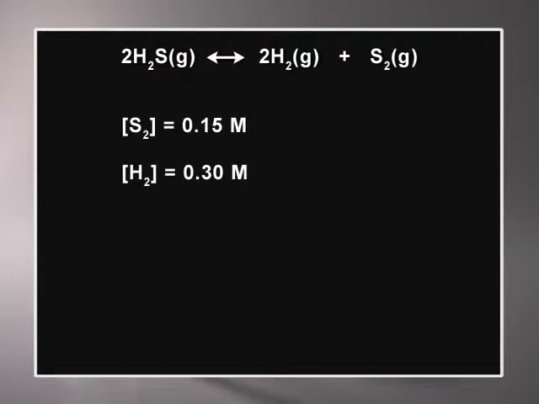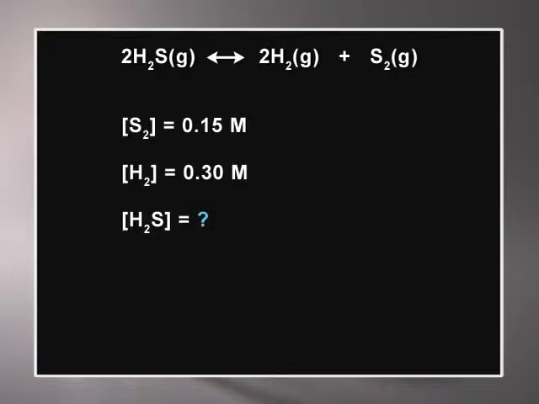It's just going to be twice that of sulfur, 0.30 moles per liter. And don't forget to square that concentration when you plug it into the equilibrium expression. So now I've found two of the equilibrium concentrations. Sulfur is 0.15 molar and hydrogen is 0.30 molar, and that has to be squared.